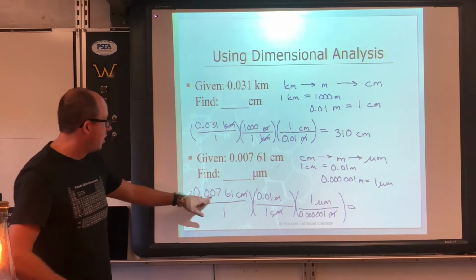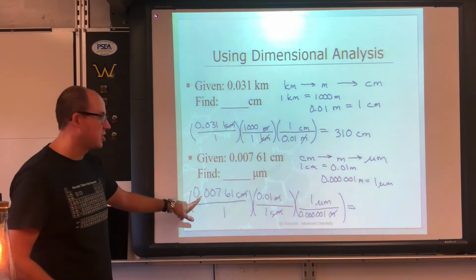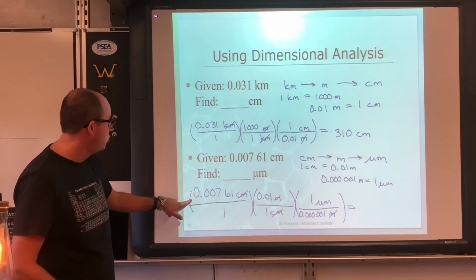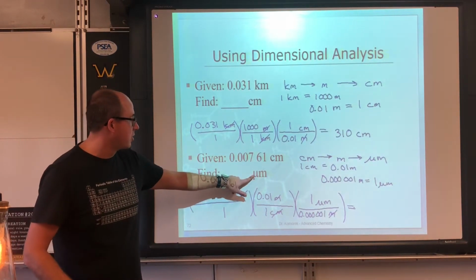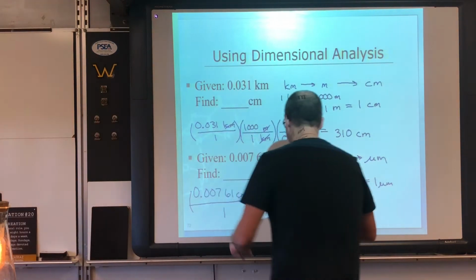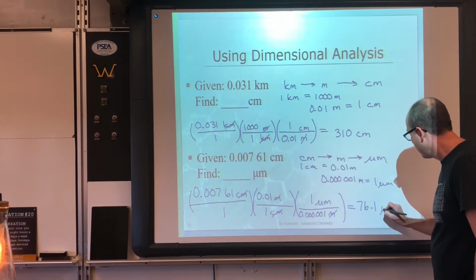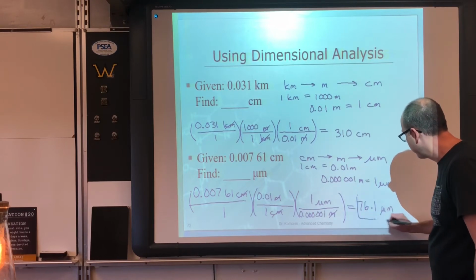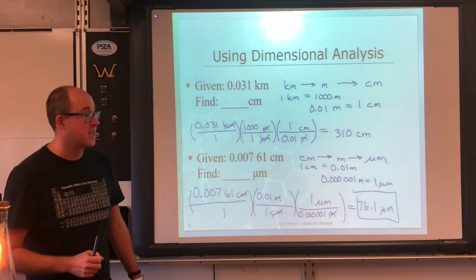Okay, so as we go from centimeters to meters, the number's actually getting smaller. We're adding 2 more zeros after the decimal point, but then when it goes to micro, it's going to be bigger. It's going to come out to 76.1 micrometers. And 3 sig figs to start, 3 sig figs at the end.